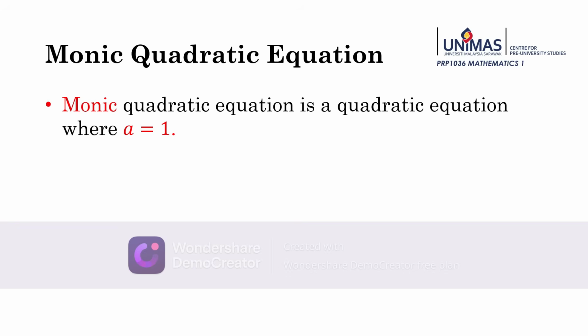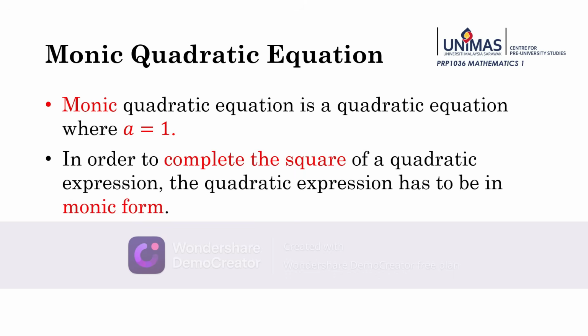The completing the square method requires us to have a monic quadratic equation. What I mean by monic is that your quadratic coefficient a must be equal to 1. So in order to complete the square, the quadratic expression has to be in monic form.